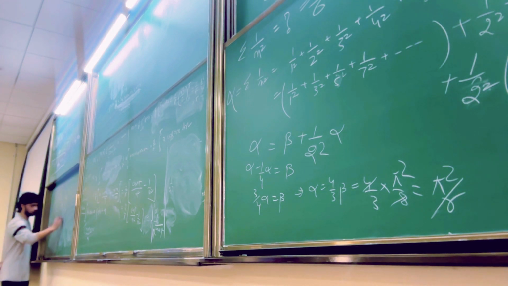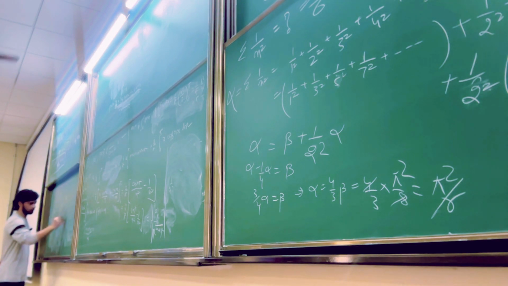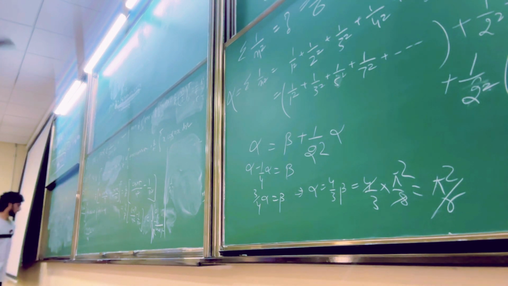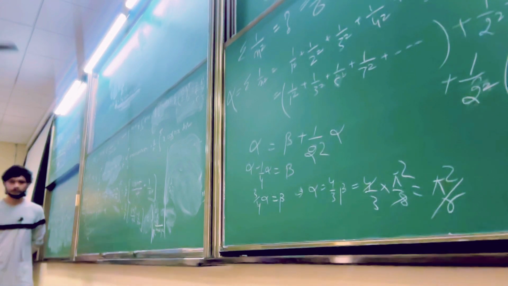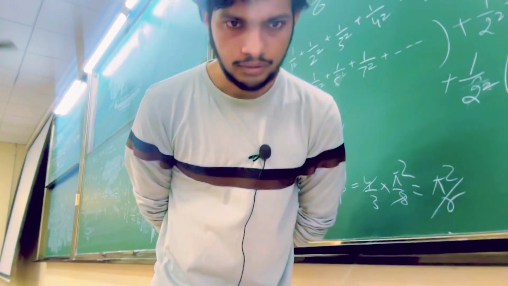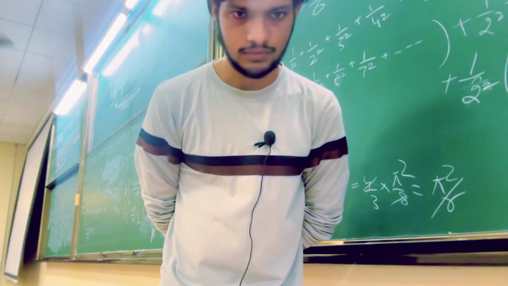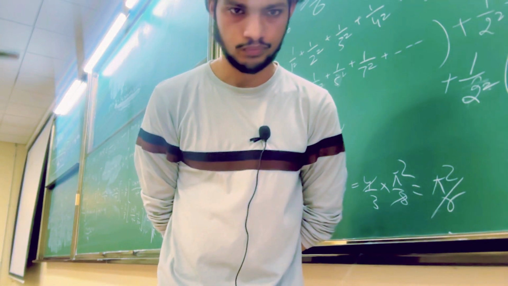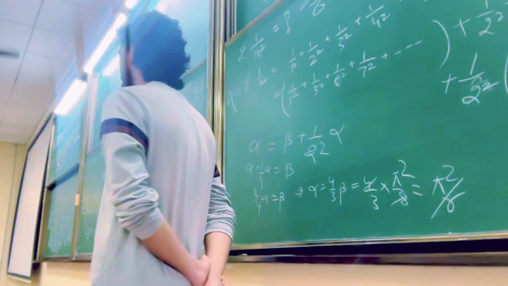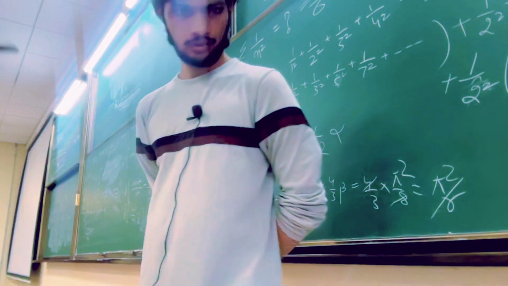This is 2 by n, from n equal to 1 to infinity, minus 1 raised to power n plus 1 into sin nx. Right. Now, pi by 4.